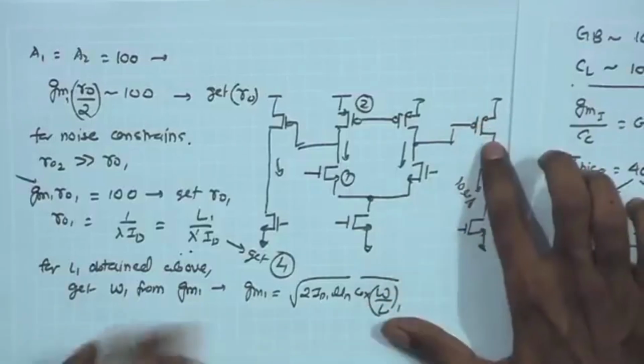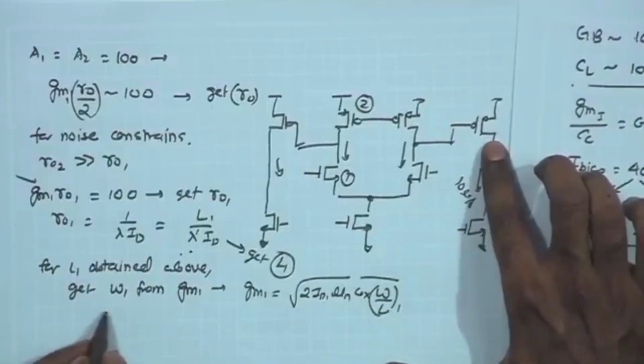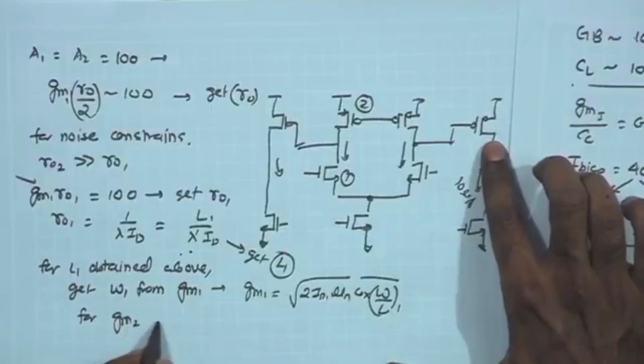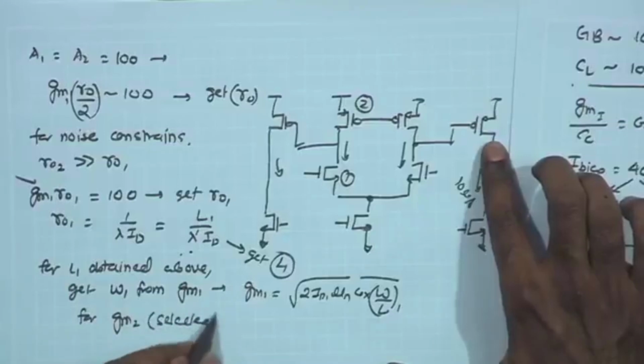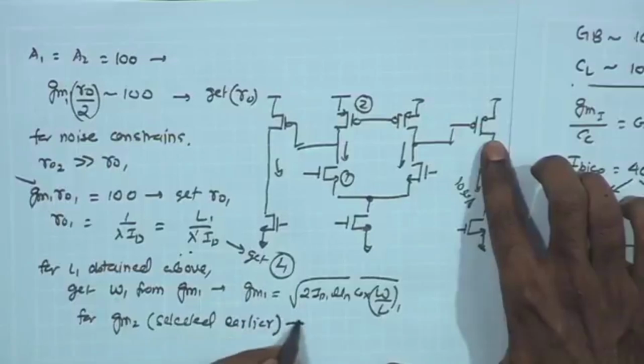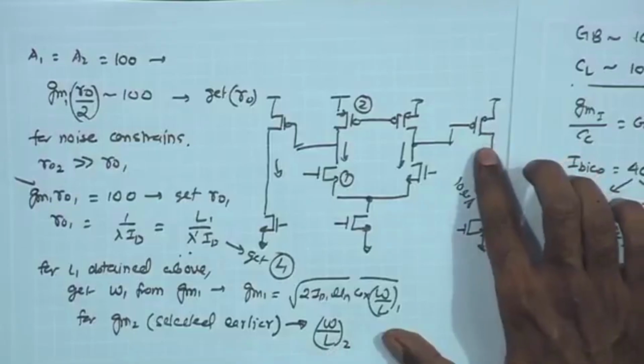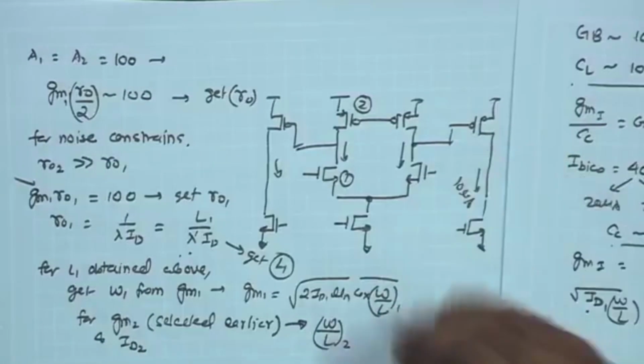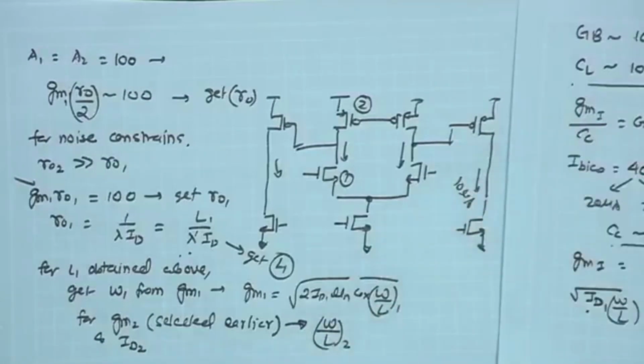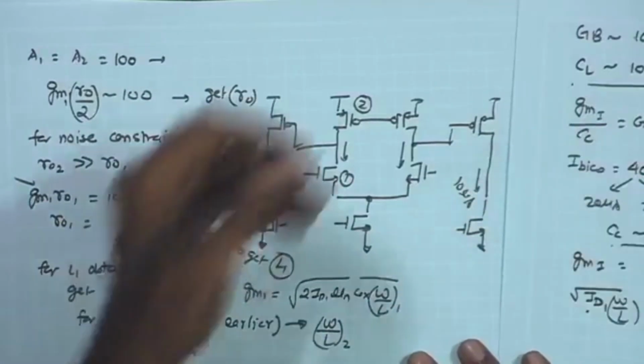So, from this, for GM2 assumed earlier, I can obtain the value of W by L2, from GM2 and ID2. So, GM2 and ID2 that we obtained earlier, from there we can estimate what is the value of W by L2 required.